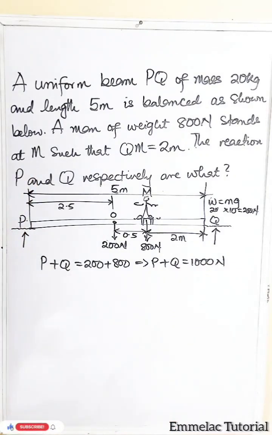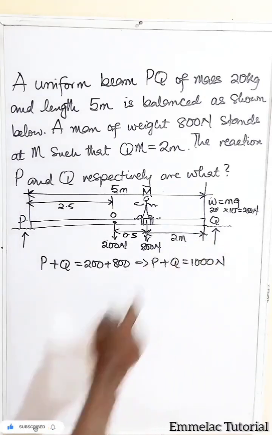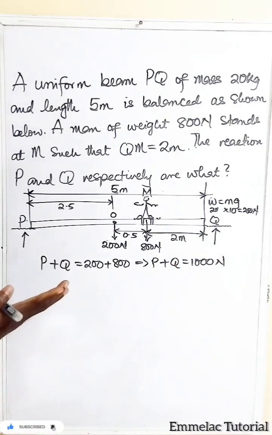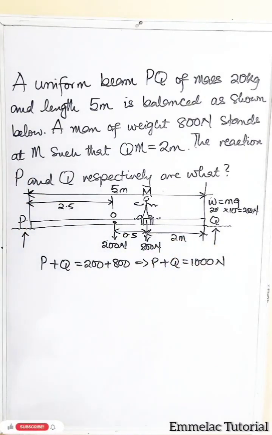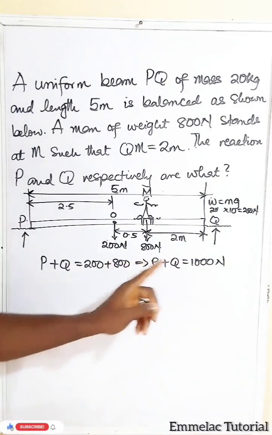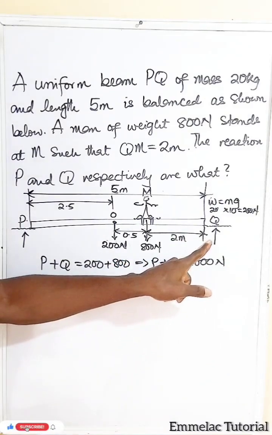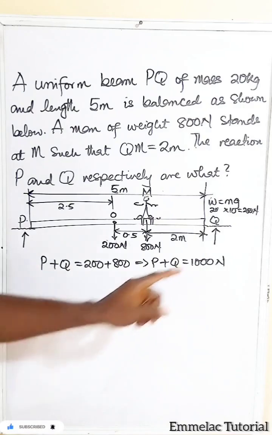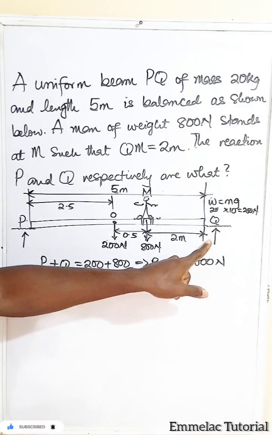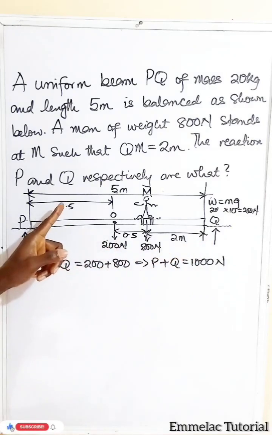Now, but we need to find P and Q. Okay, first of all, let us take moments about, let us say, Q. Which means we are actually driving our moment towards what? Q. Okay, now if we are taking our moment about Q, so we can say here that Q times the distance.